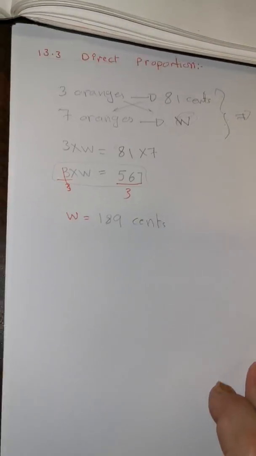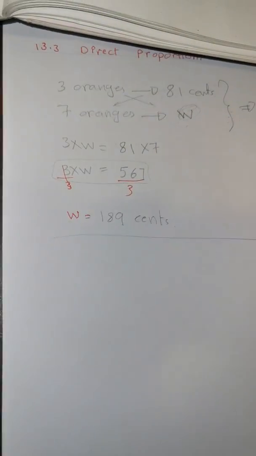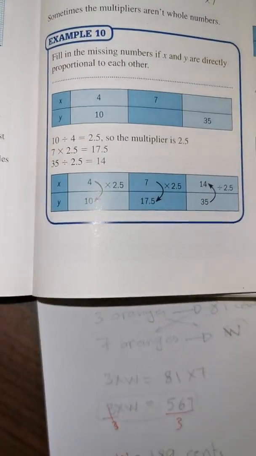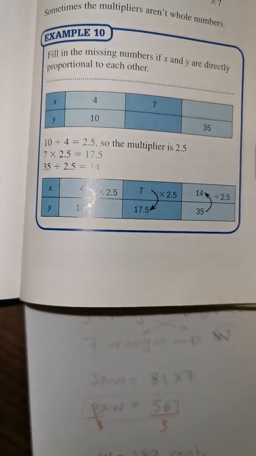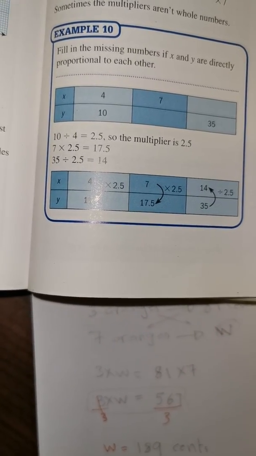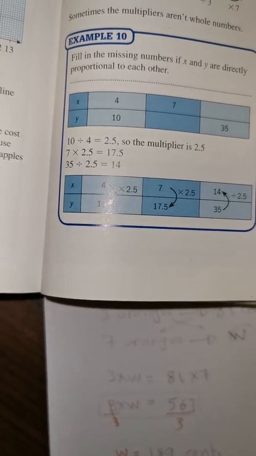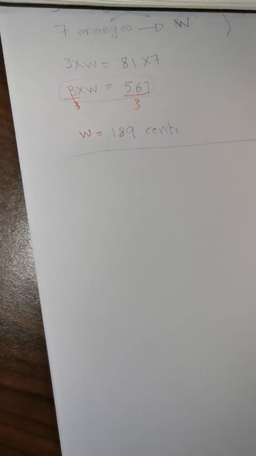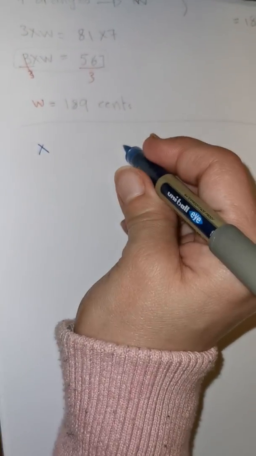Okay, one more example. Example 10. Fill in the missing number if x and y are directly proportional to each other. Since they are directly proportional, I can use the method I learned. So I have x on one side and y on the other.